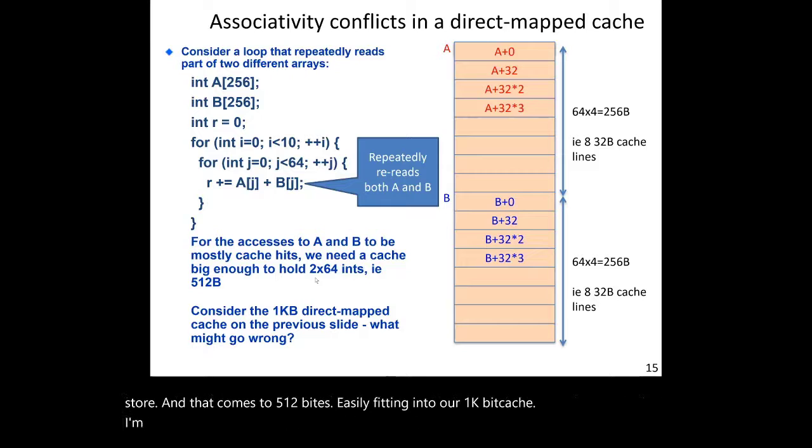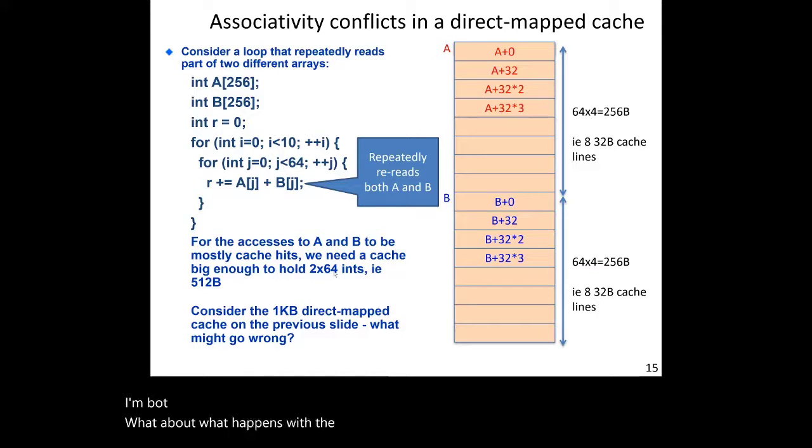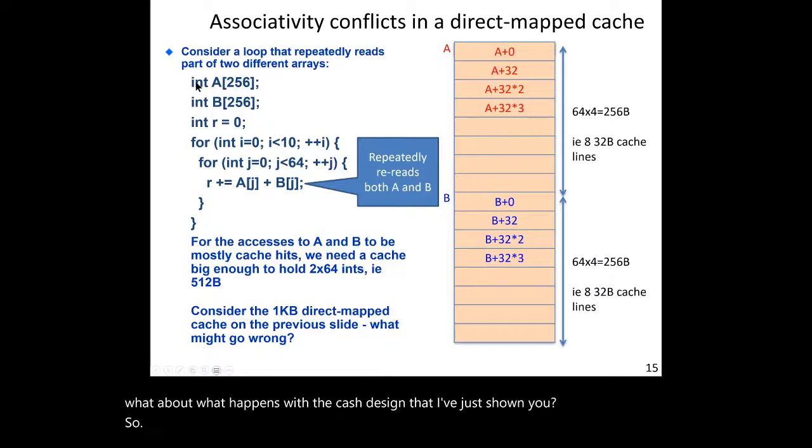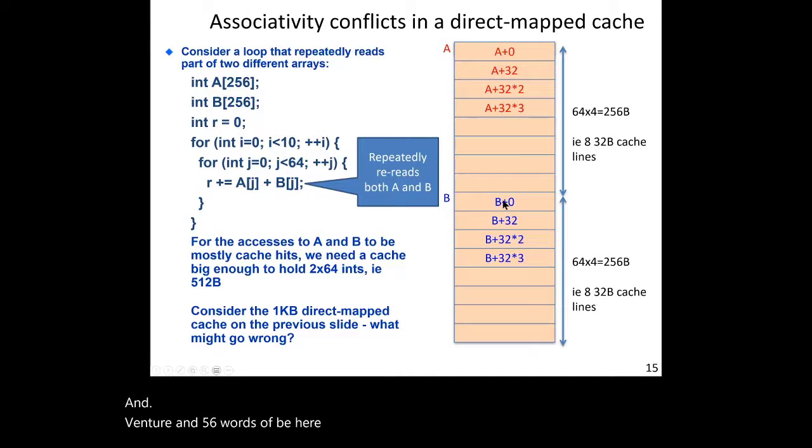But what happens with the cache design that I've just shown you? So the storage layout is 256 words of A, here they are, and then 256 words of B, here they are. And 256 being a power of 2 is a multiple of 32.